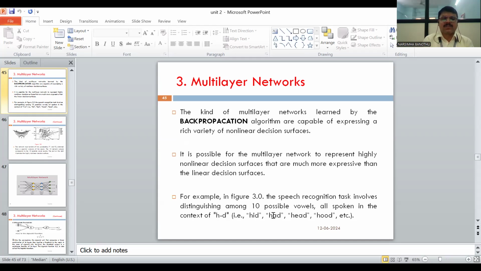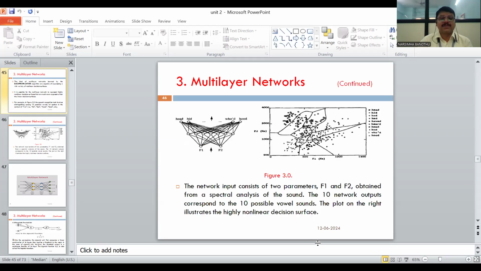For example, in the figure, the speech recognition task involves distinguishing among 10 possible vowels, all spoken in the context of h_d, that is, hid, had, head, hood, etc.